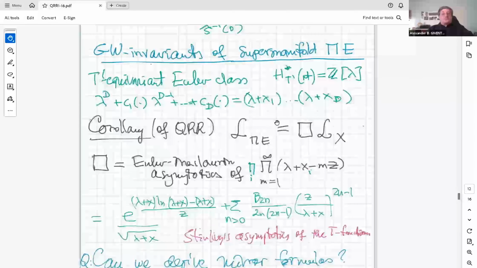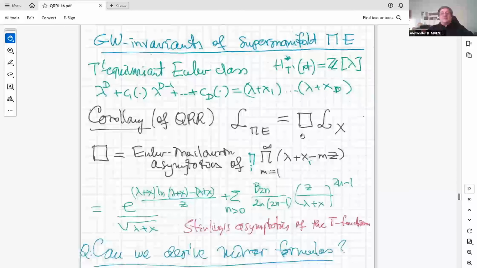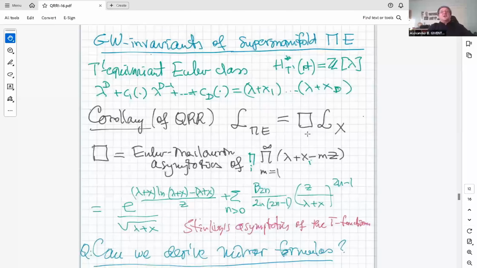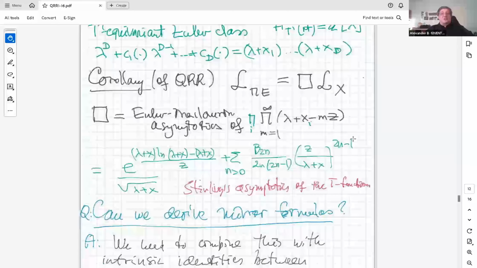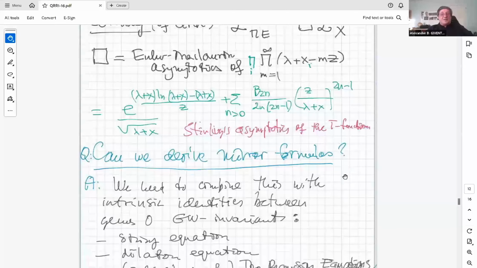So that should make us very happy, because it seems that we're very close to making that heuristic picture rigorous, and actually understanding what Maxim apparently didn't manage to do at that time, to figure out how to prove various mirror formulas using this quantum Riemann-Roch theory.